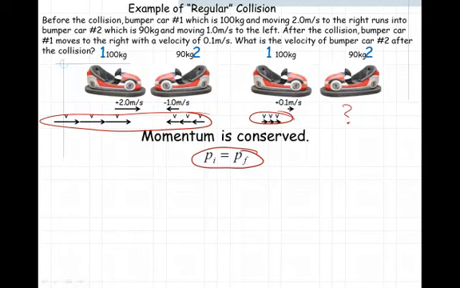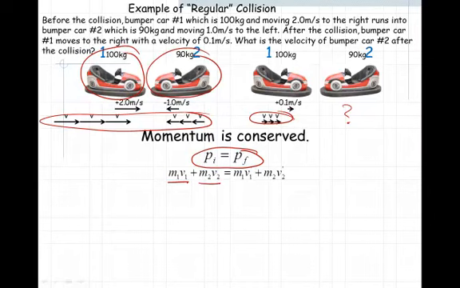Only when we know for sure that kinetic energy is conserved or the objects stick together do we say that it's elastic or inelastic. Then what we do is we write out, we plug in the mass times velocities for each object. So this is m1 v1 for this object, m2 v2 for that object before the collision.